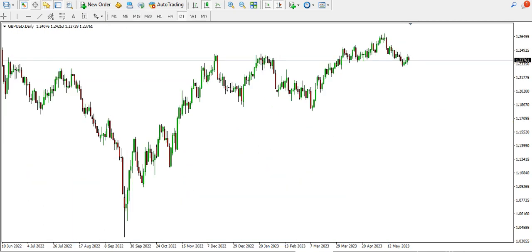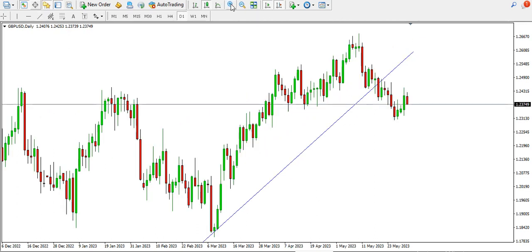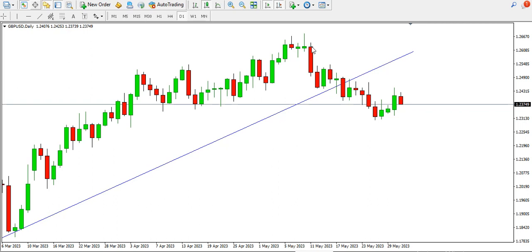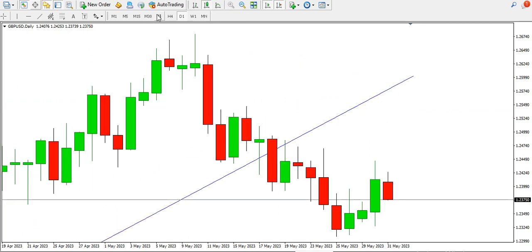Let's look at GBPUSD. Looking at the trend line, we can see that the price has broken the ascending trend line and the price is somehow retracing. But in as much as the price is retracing, on the daily time frame we can see this descending trend line being broken. It was broken yesterday.